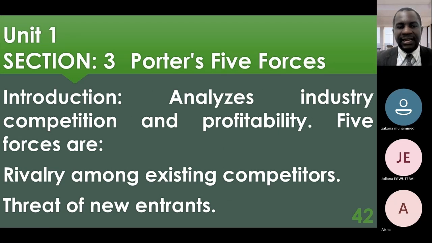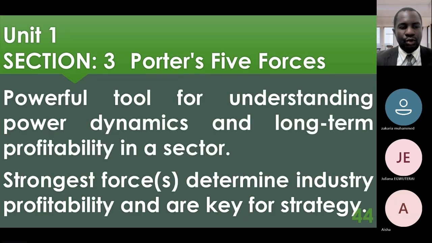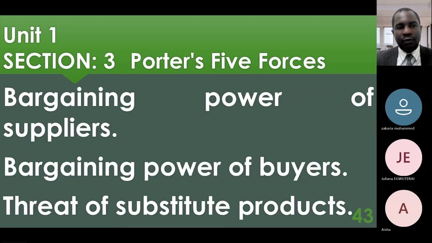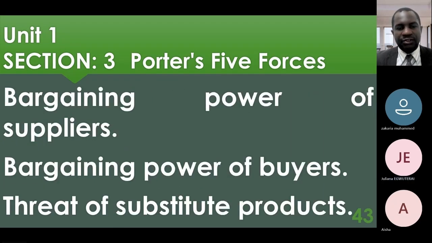These components are like the PESTEL, so you need to understand them. Number 2, bargaining power of suppliers, bargaining power of buyers, and threat of substitute products. Take note of that. There are 4.